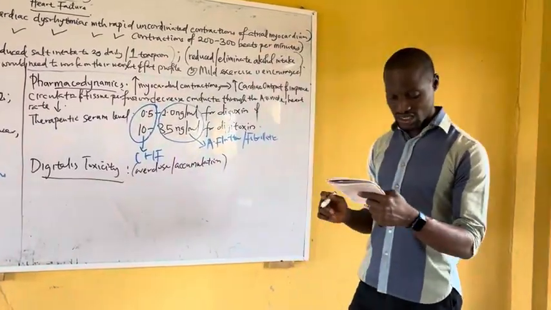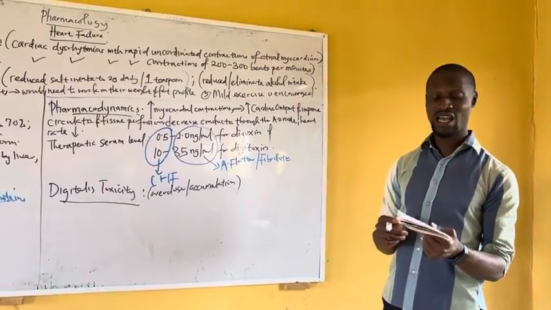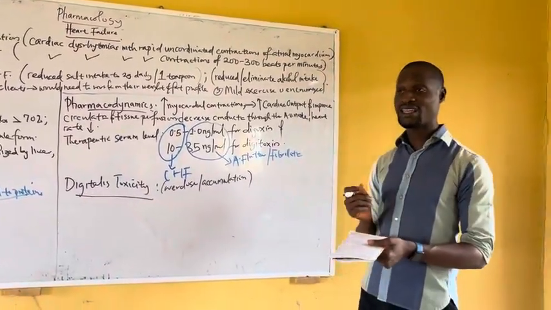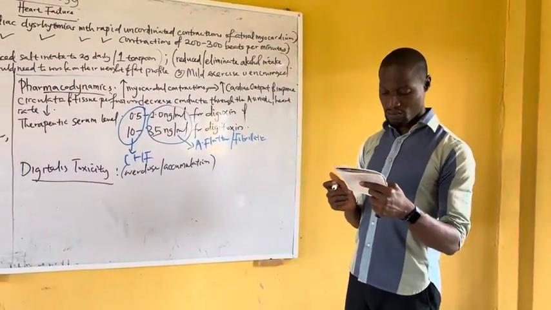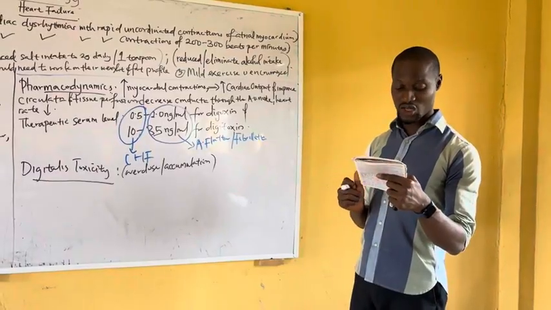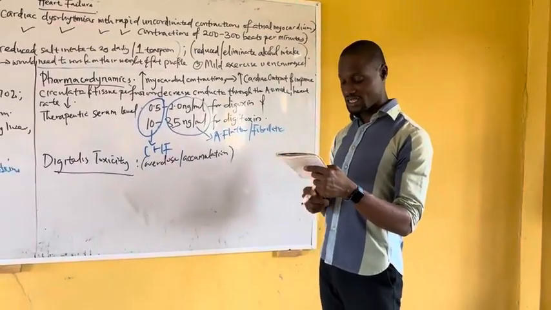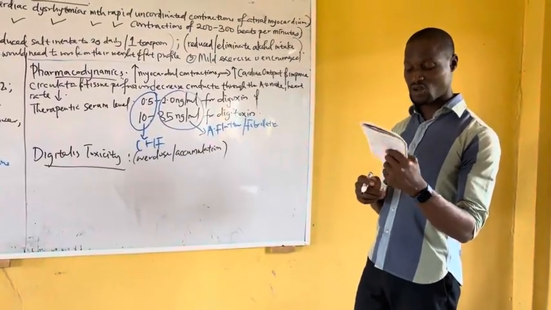What will be the signs and symptoms? We have anorexia, diarrhea, nausea and vomiting, bradycardia, pulse rate below 60 beats per minute, premature ventricular contractions, cardiac dysrhythmias, headaches, malaise, blurred vision, visual illusions, confusion, delirium.